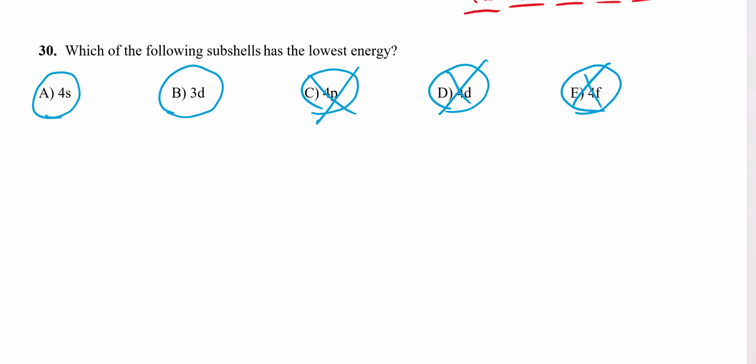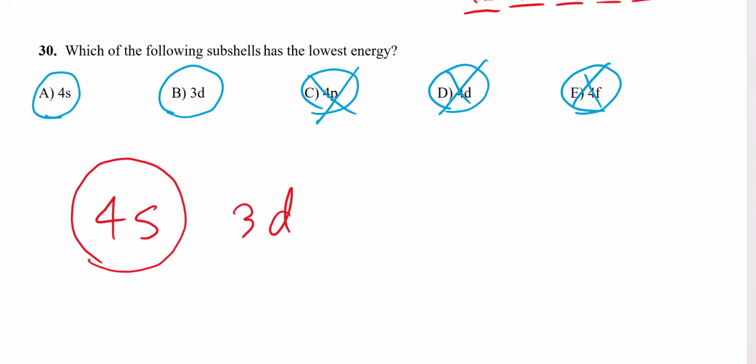But here we cannot say that because it is D, it has higher energy level. We have to take a look at the Aufbau principle. Regarding the Aufbau principle, 4s is occupied first with electrons. After that is 3d. So this means the 4s orbital has lower energy than the d orbital. So the answer is A.